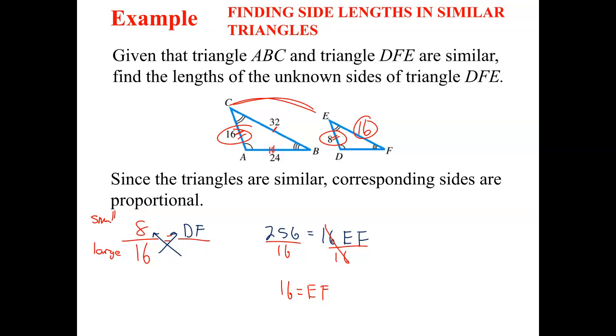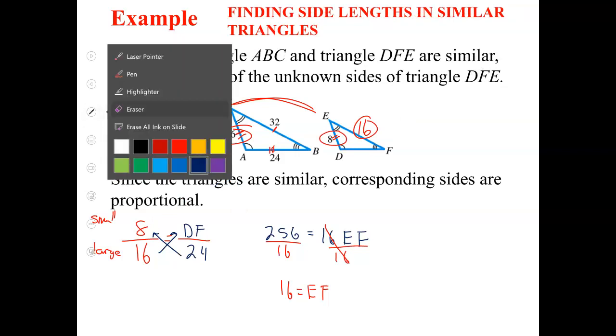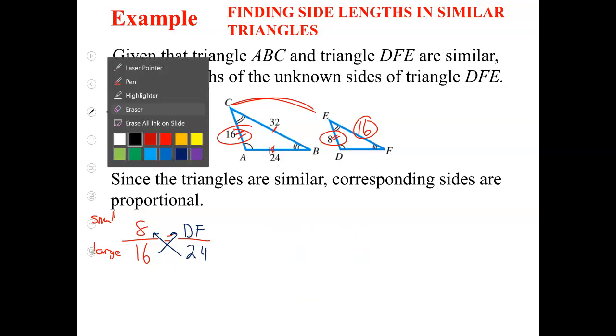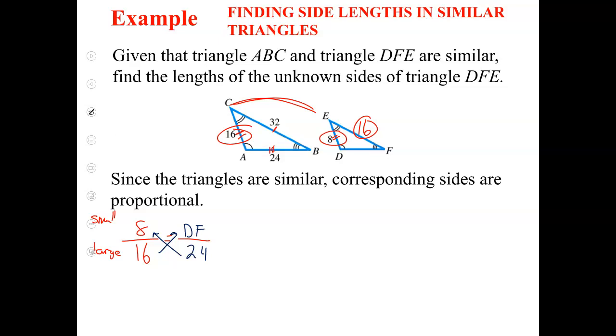Yeah, that's fine, you can absolutely do that. Let's do that for this one. That'll make the math a little bit easier. It doesn't always simplify, but if it does, then let's go for it. So we'll simplify it for this one. We got 24 corresponds to DF.